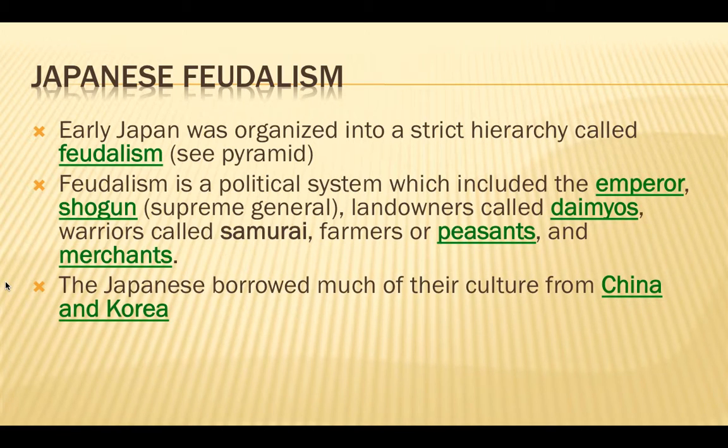Japanese borrow much of their culture from China and Korea, and you want to think about that when you're thinking about a map of Japan. It's an island, an archipelago actually, a group of islands that are very close to both China and Korea, so they get a lot of their ideas there.